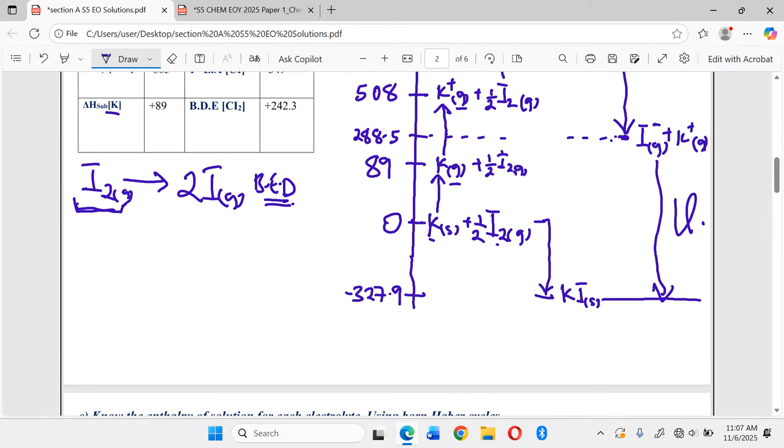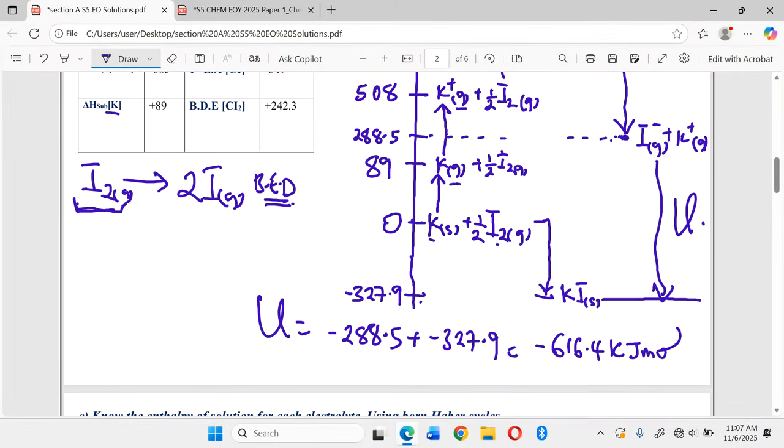From this point we see it is 288.5, but since we're moving in the opposite direction up to 0, it becomes negative 288.5 plus, from 0 up to here, we already have that value, which is negative 327.9. What is the answer? Negative 616.4 kilojoule per mole. And we get our lattice energy.